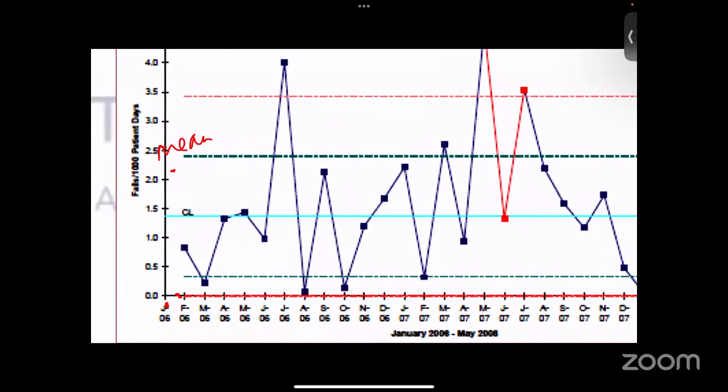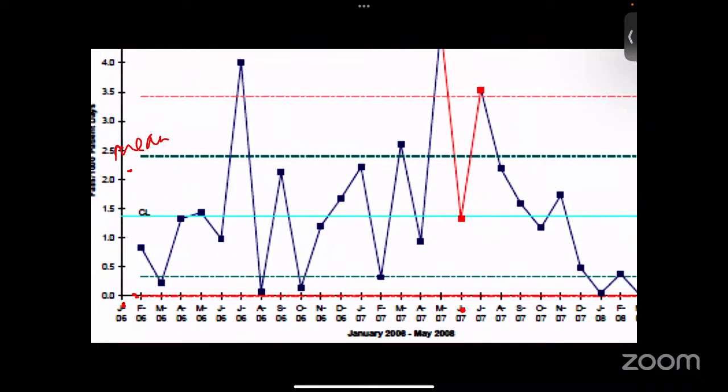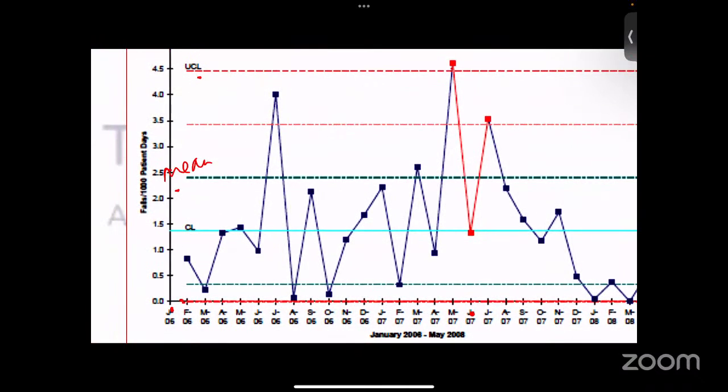Okay, mid-2007. So we have here, June. So as you can see, the chart shows points outside the control limit indicating out of control variation. The main shift occurred in mid-2007 with a sharp increase beyond the UCL.